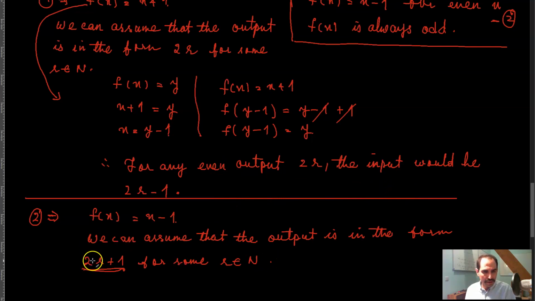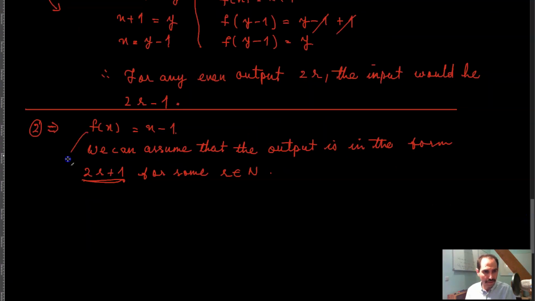So what that means is that if I take this equation here, and also if I assume that f of x is equal to y, and f of x is equal to x minus 1, so I can write x minus 1 is equal to y, which means that x is equal to y plus 1, right?